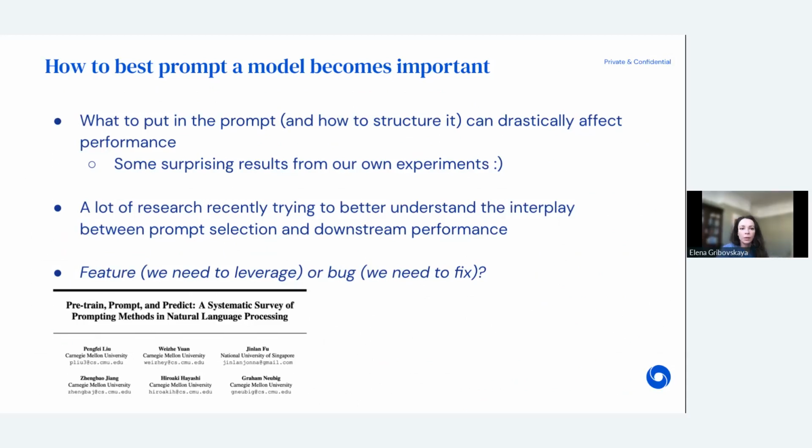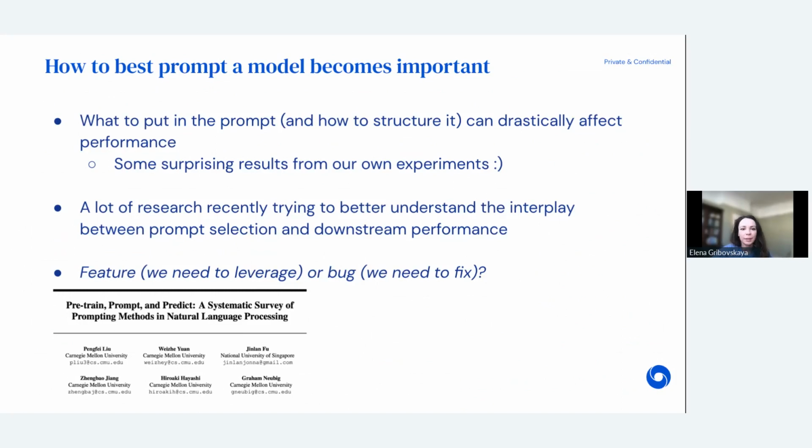For instance, on question answering tasks, something that we also observed in our own experiments, depending on whether you put in few-shot examples as context, question, answer, or question, context, answer, swapping the order of context and question can lead to performance differences of up to 20%.